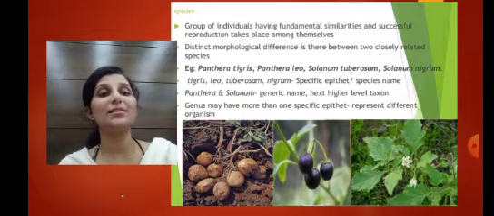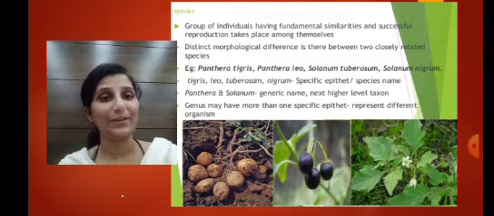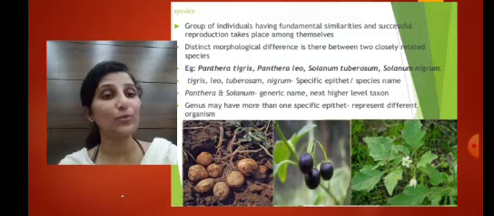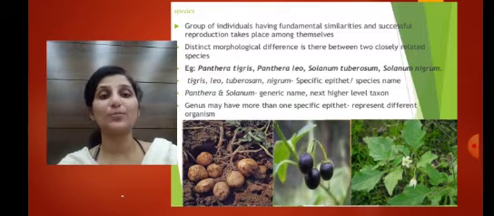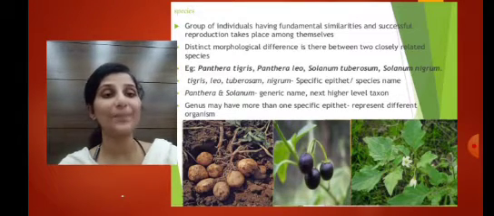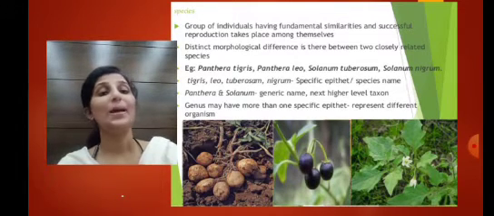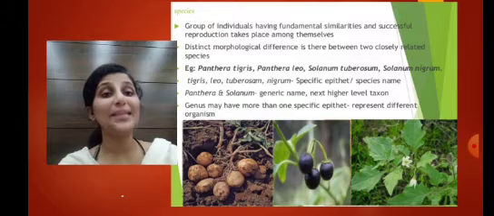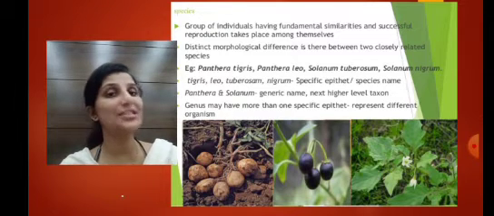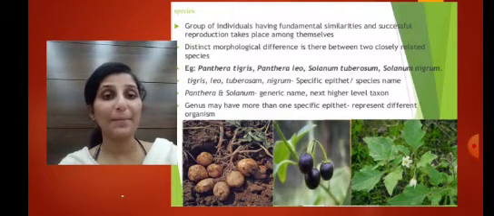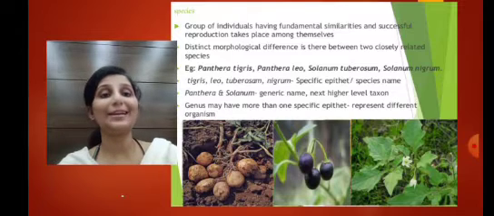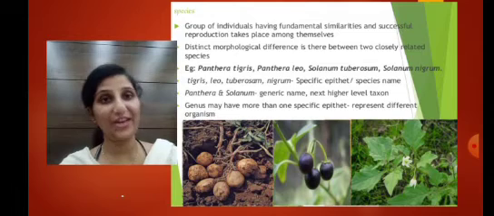The genus is Solanum. So potato is called Solanum tuberosum, tomato is called Solanum nigrum, and brinjal is called Solanum melongena. Based upon their differences they are placed under different species, but based upon their similarities, they are placed under the same genus.